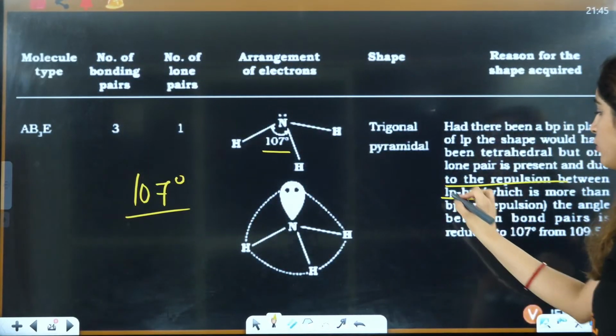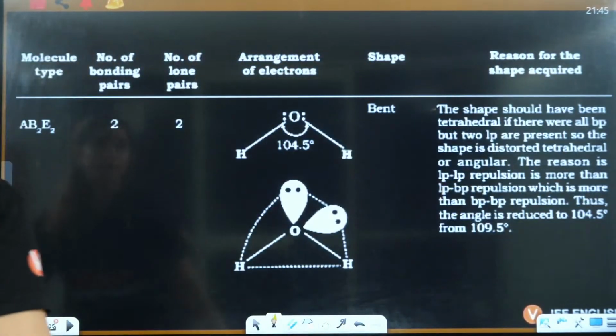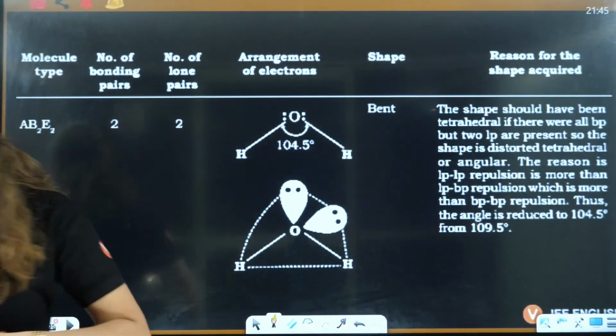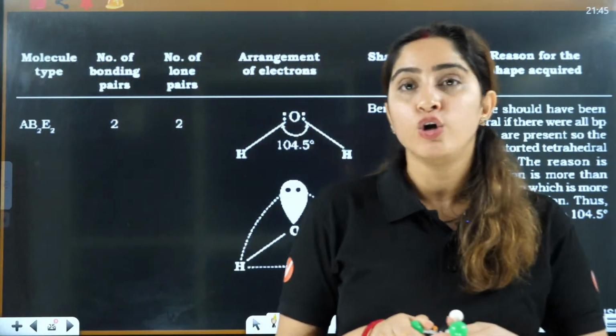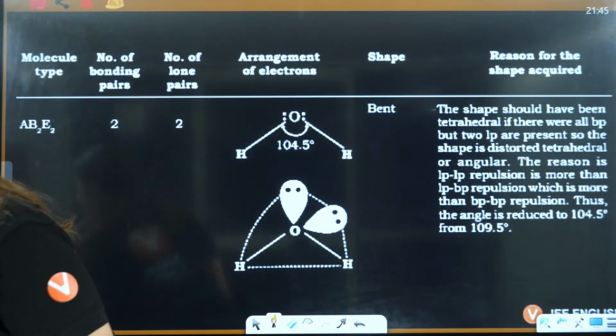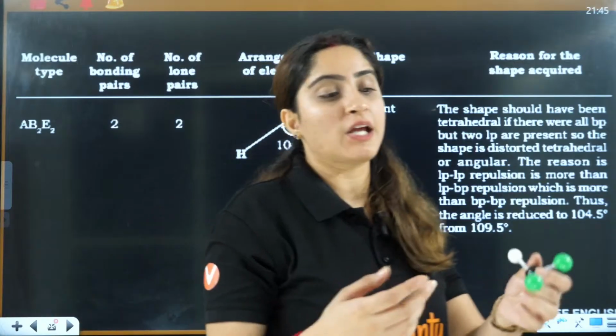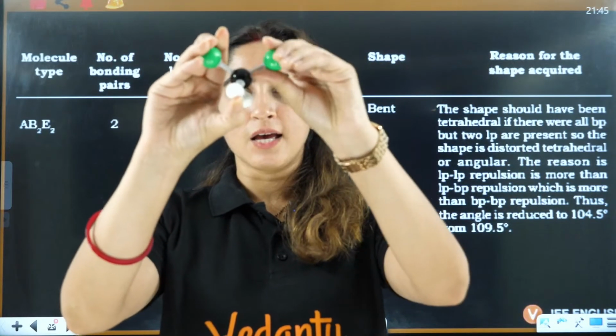Now if you talk about H2O, we'll have two lone pairs. So now you will have lone pair lone pair repulsions as well, right? Now the thing has changed even more.